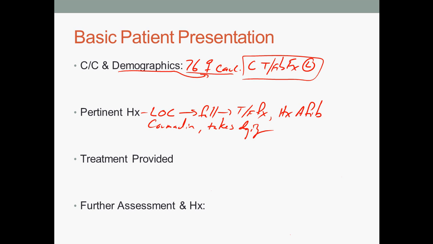Okay. So there's our pertinent history. So this really gives a nice, concise explanation of what happened. It's not just, oh yeah, we found her, she broke her leg. This is a 76-year-old female with a compound tib-fib fracture. She had a loss of consciousness, which caused her to fall in her home and caused her a compound fracture. She does have a history of AFib and is on Coumadin, which she does state she takes every day.